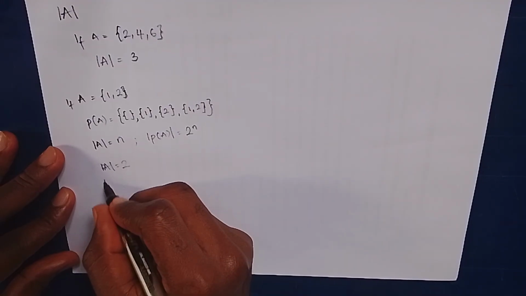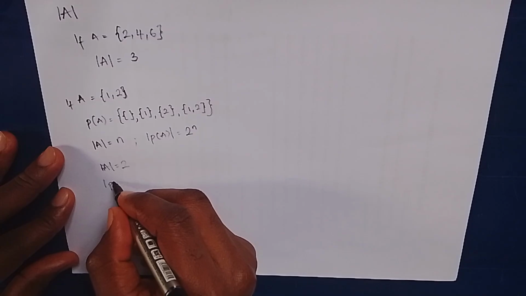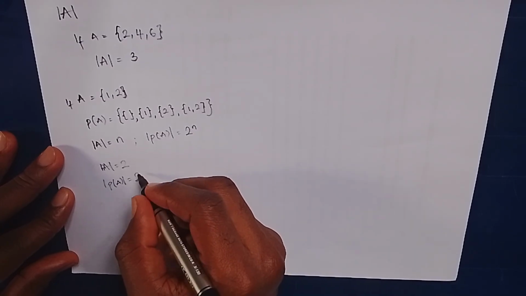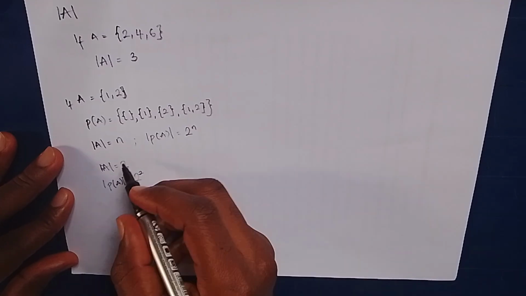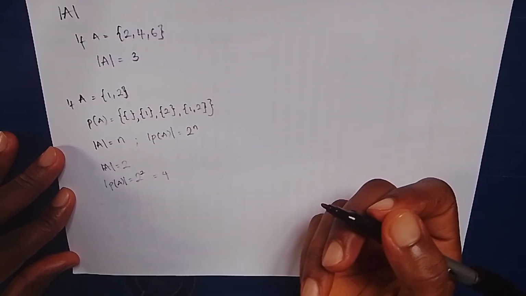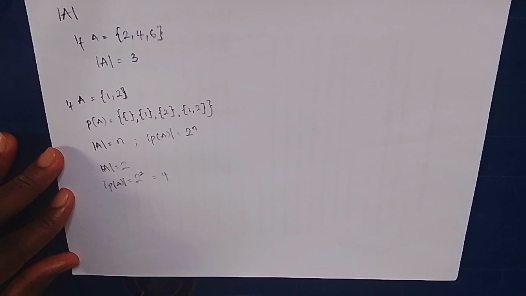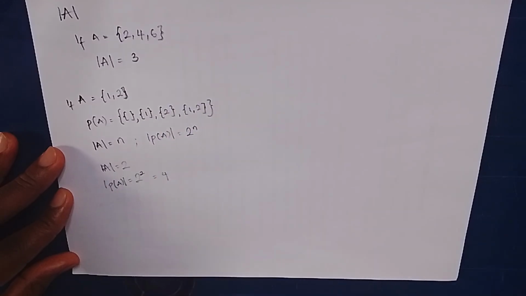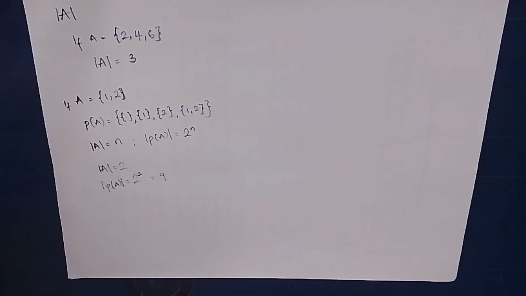So it's expected that the cardinality of the power set P(A) should be 2 raised to power 2, which is equal to 4. Now, let's look at the power set we formed there. Do we have up to 4 elements? 1, 2, 3, 4. So that's it. That's something you should take note of.